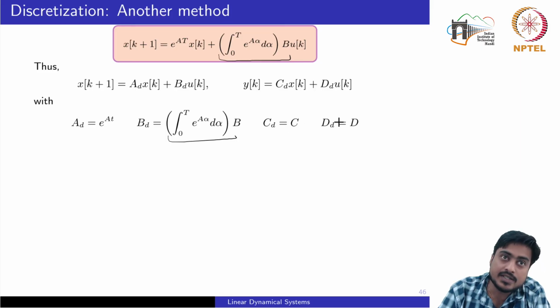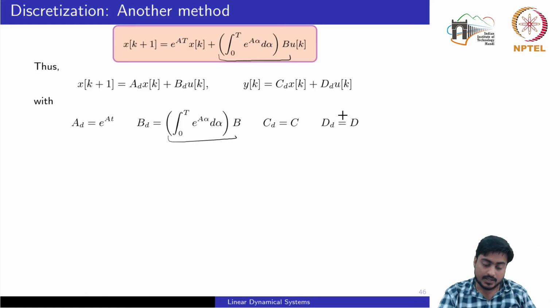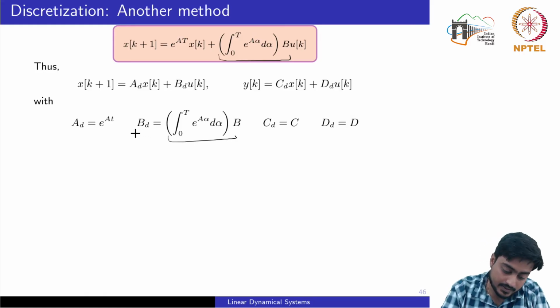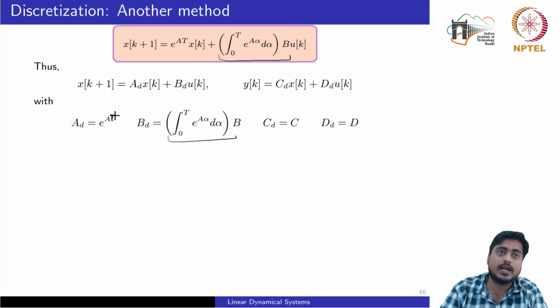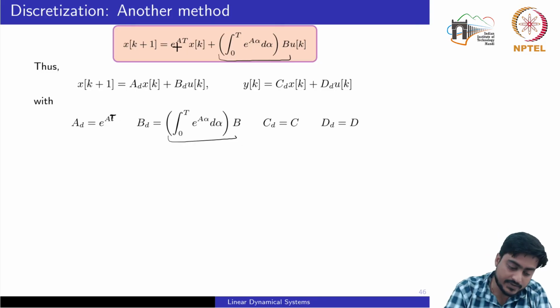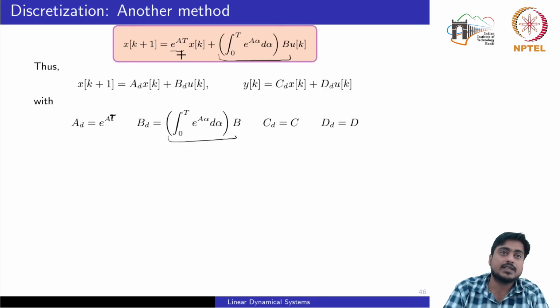The C and D matrices do not change. Basically it should be e to the power A into capital T, because we have e to the power AT. Given the sample time, we can compute this matrix exponential.